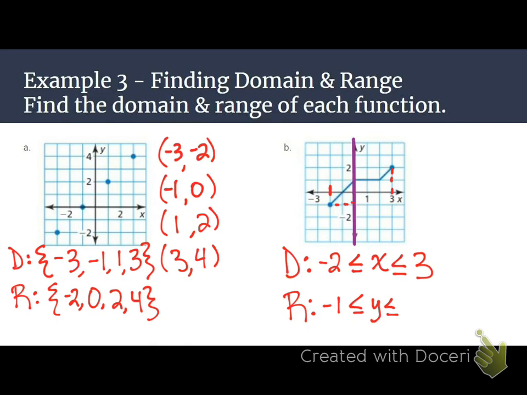And then what's my biggest y value? A +2. So we kind of turn this almost into a box so that we can see where we're at for our domain and our range. Questions, concerns about that one?